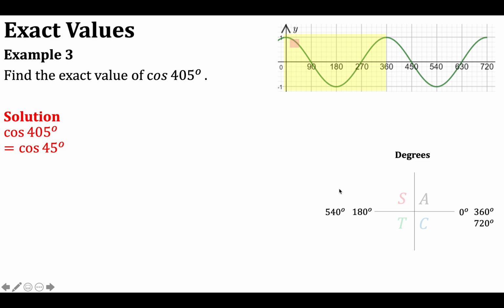So we can continue the degrees on our cast diagram, but we can hopefully see that 405 should be in here. Away from the horizontal, 405 minus 360 is 45 degrees. Now in the first quadrant, the cosine function is positive, so therefore cos 405 is equal to cos 45. And cos 45 is 1 over root 2, which is our final answer here.